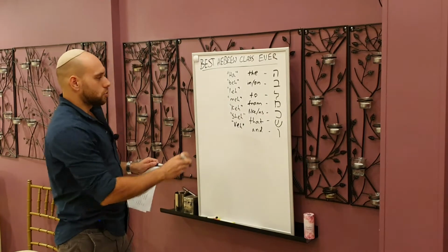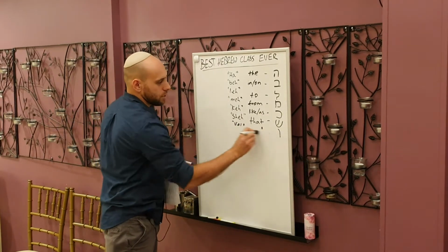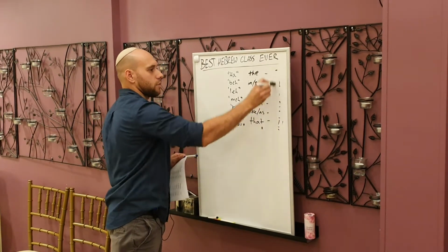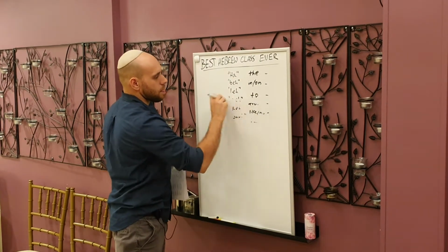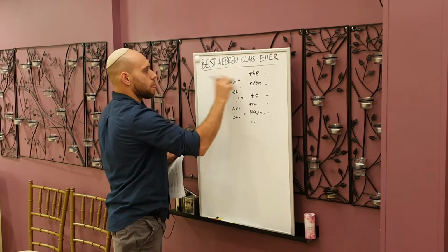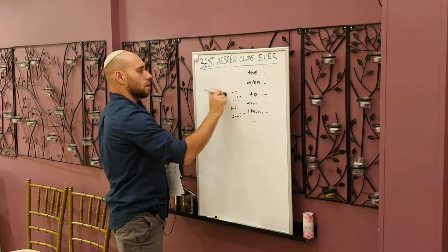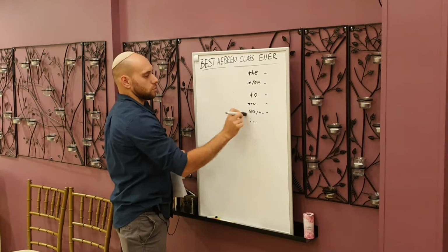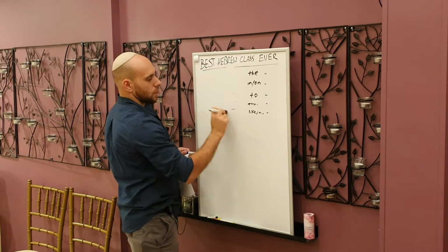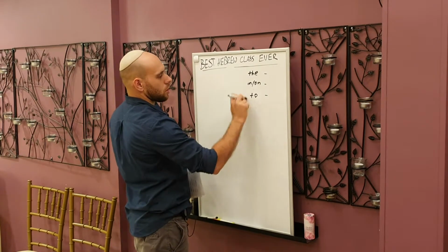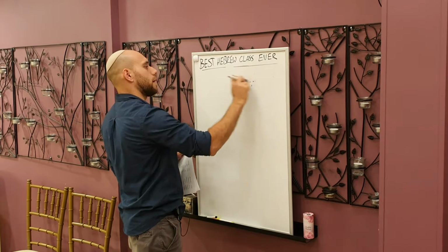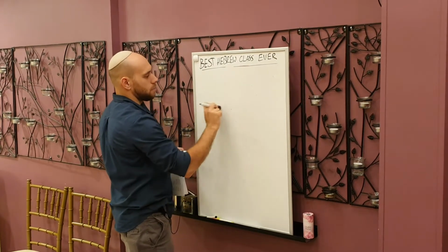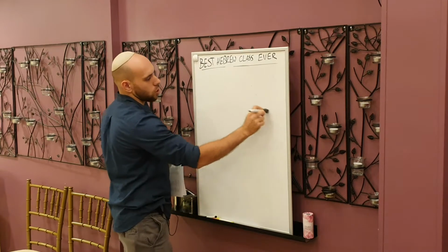Okay? So I'm going to erase this to make more space because you guys already have it anyway. What I'm saying is there's a special rule for be and le. Be means in or on, right? So on the day.